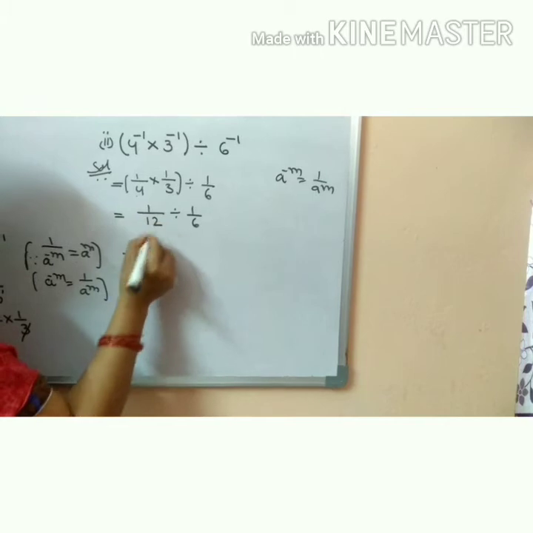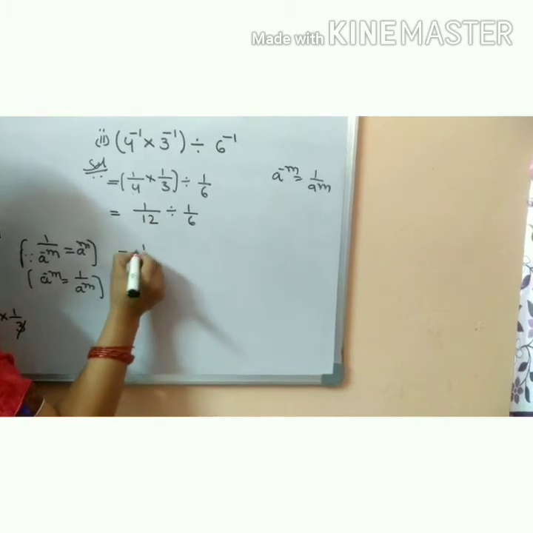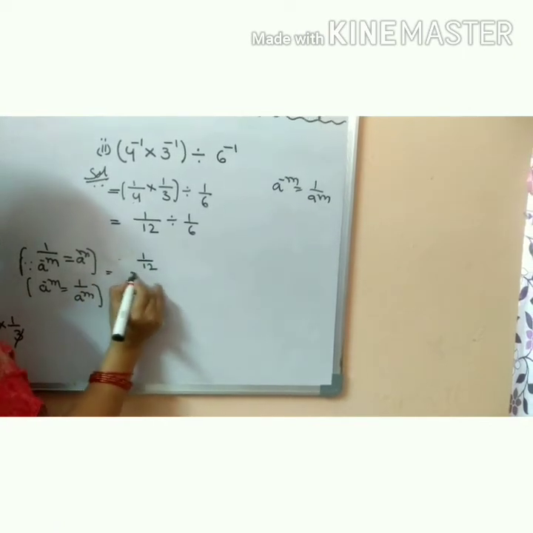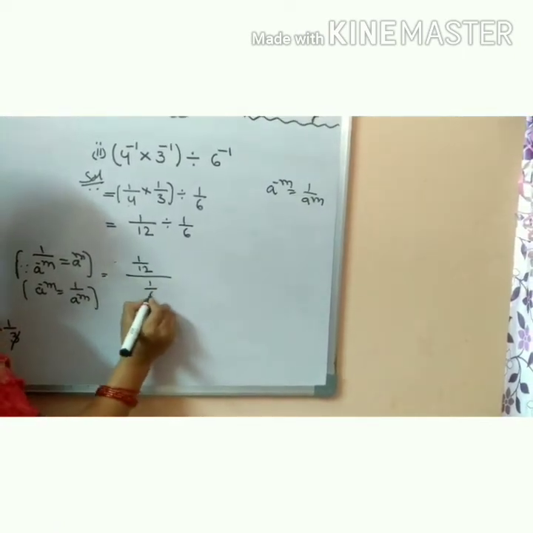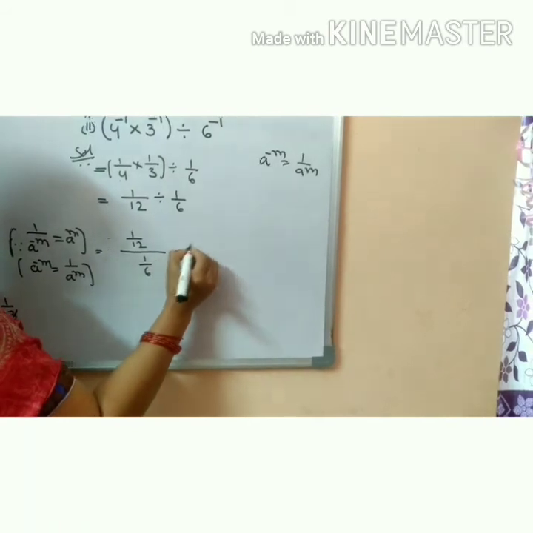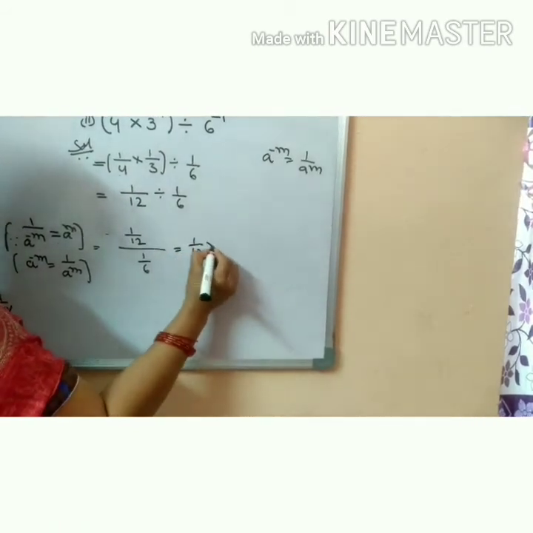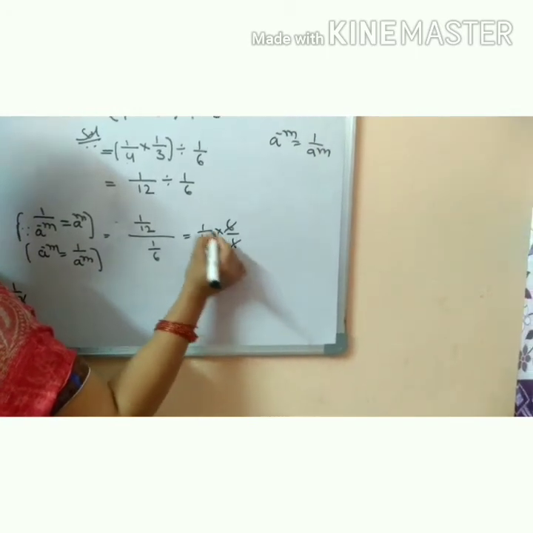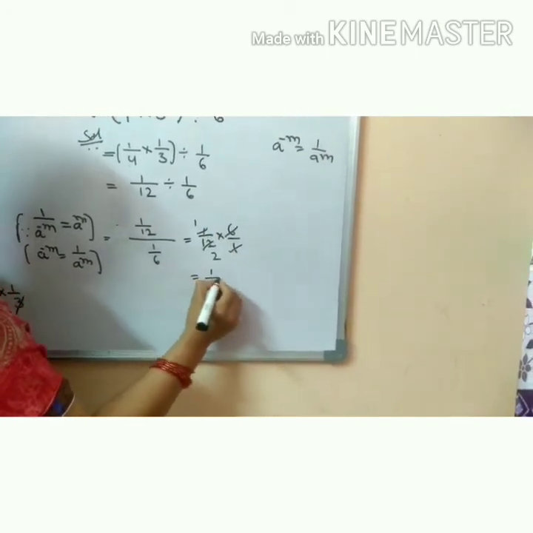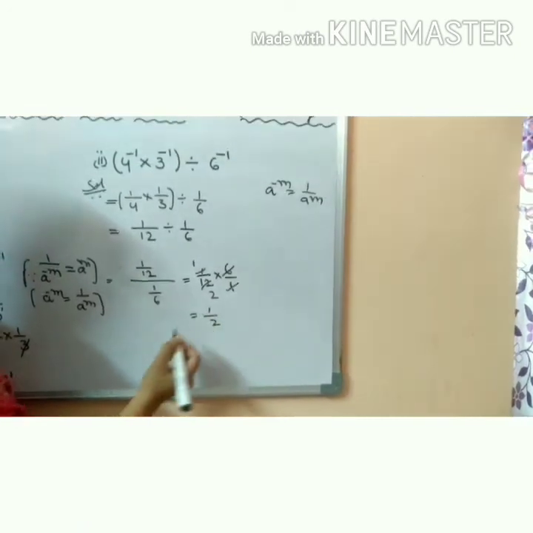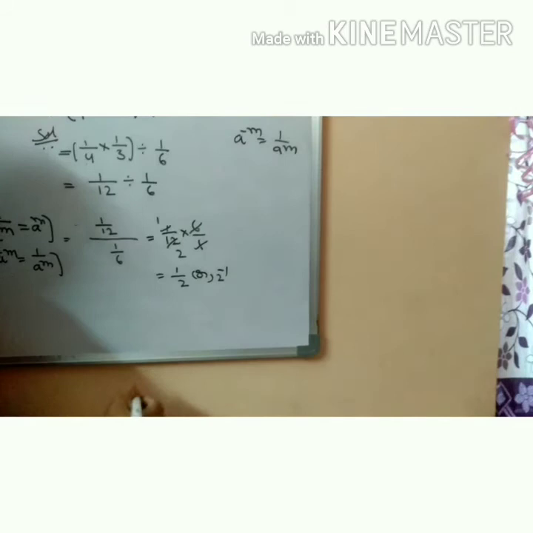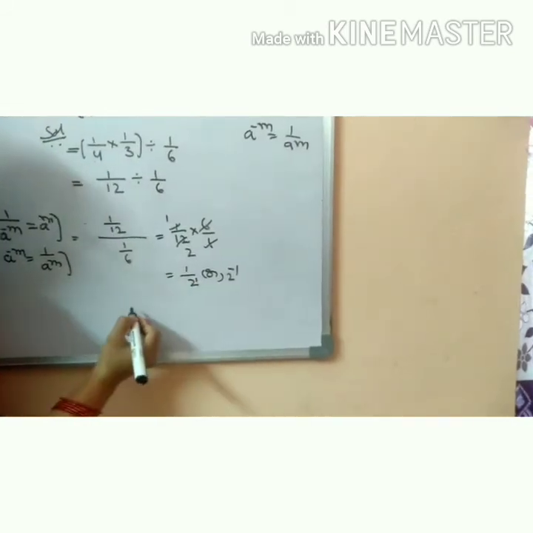So here write the reciprocal: 1 by 12 divided by 1 by 6. The fraction is reversed. So here write 1 by 12 into 6 by 1. 6 2s are 12, 1 time. So here write 1 by 2, or 2 power minus 1. Did you understand? Here write the power 1.